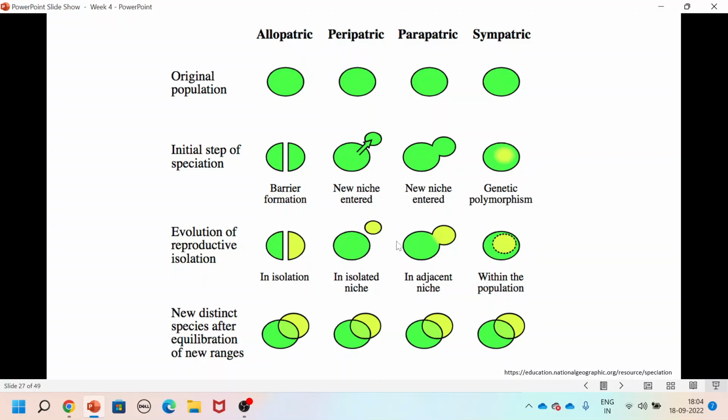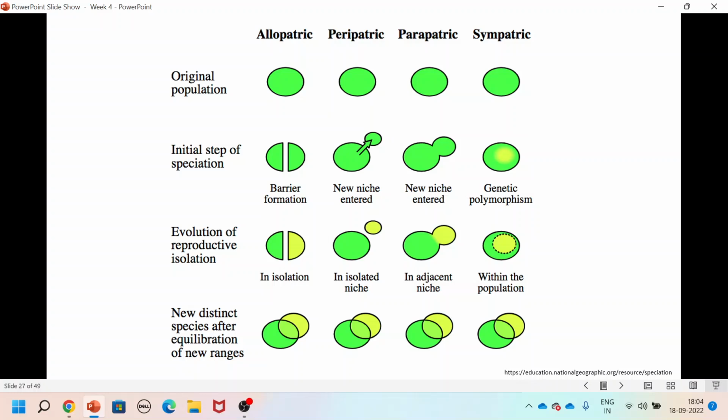Similarly, in parapatric speciation, there is no specific extrinsic barrier as we see in case of allopatric speciation, but the population is also continuous. But the population does not mate randomly.